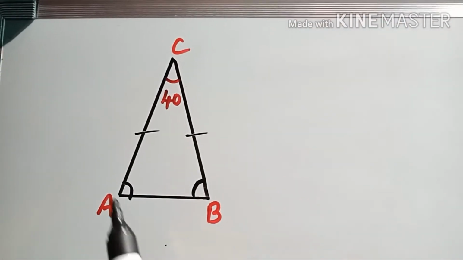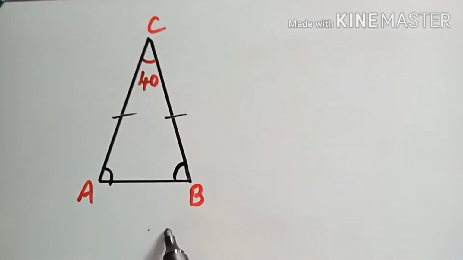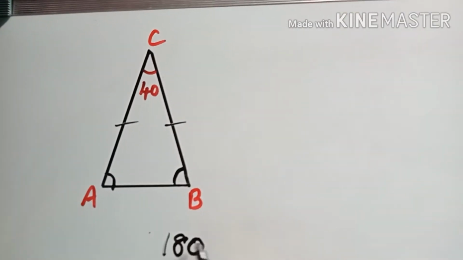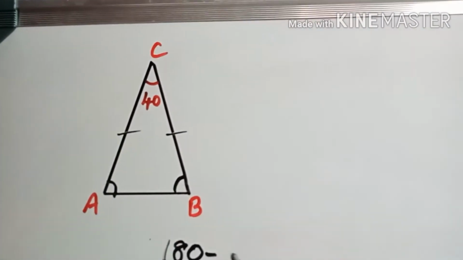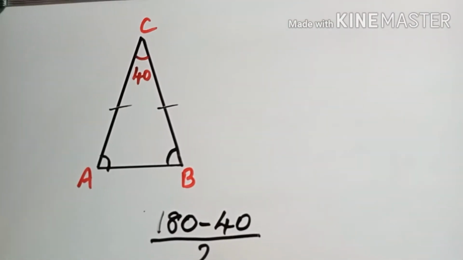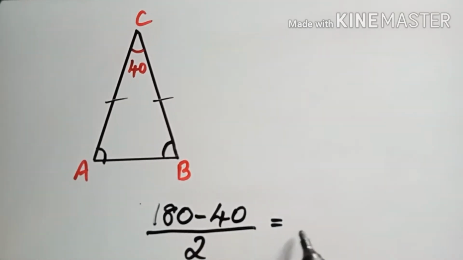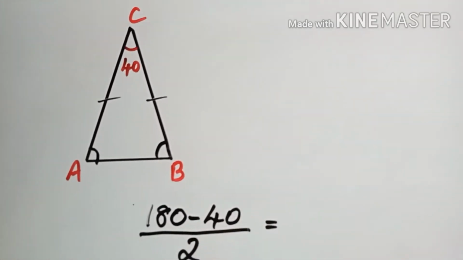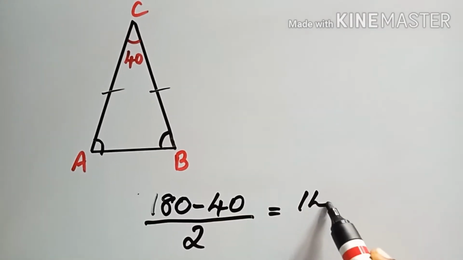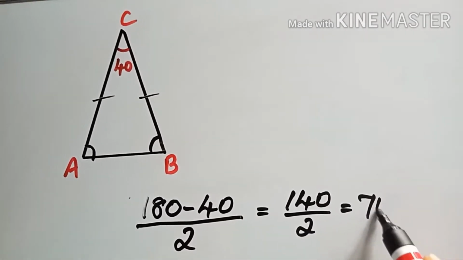So in order to find these two angles, the method is 180 minus this 40, whole divided by 2. 180 minus 40 divided by 2 will be the answer. 180 minus 40 is what? 140. 140 by 2 is 70 degree.